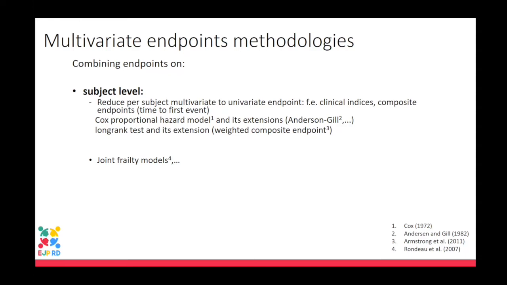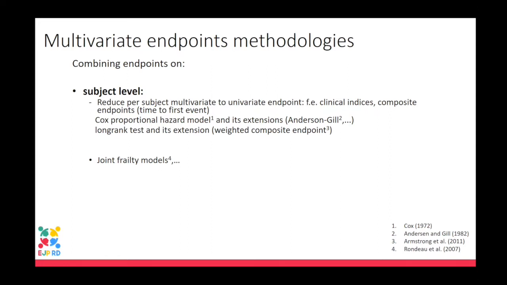For example, we can use clinical indices. Clinical indices are a lot used in clinics. Physicians know these very well. So we look at certain lab values or radiographical examinations. We score them, and then we sum the scores, and then we have a clinical index that gives you an idea about the health status of a patient. So that's one way to do this.